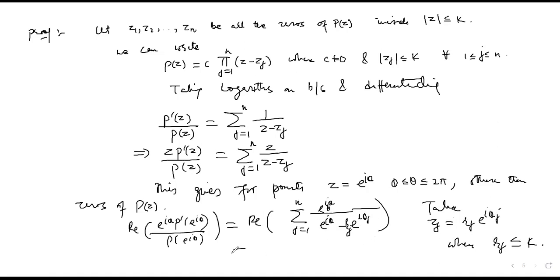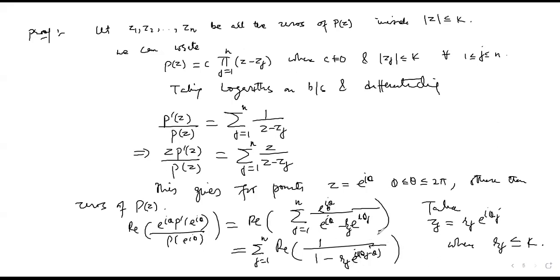So which is equal to summation j runs from 1 to n, जैसा कि हमने इससे पहले किया था, almost, मतलब एक जगह हमें थोड़ा change करनी है proof में, otherwise it is the same. So it would be 1/(1 minus rj e^(i(θj minus θ))). ओके, अब हम इसको दिखाएंगे.